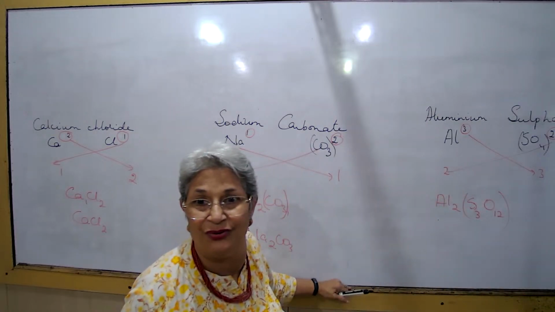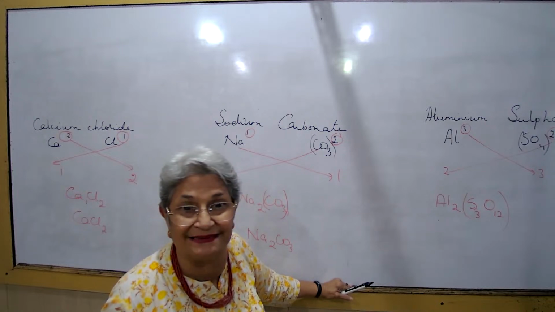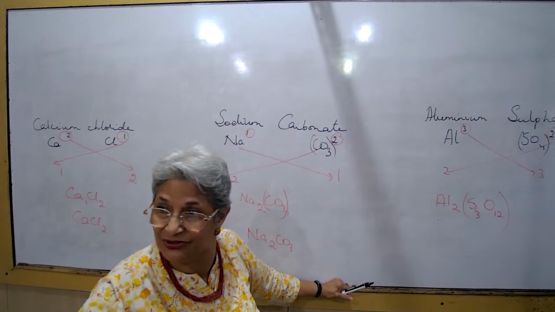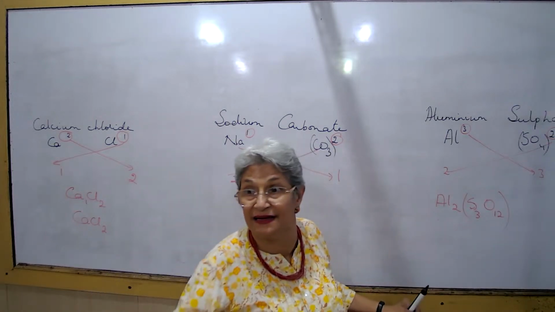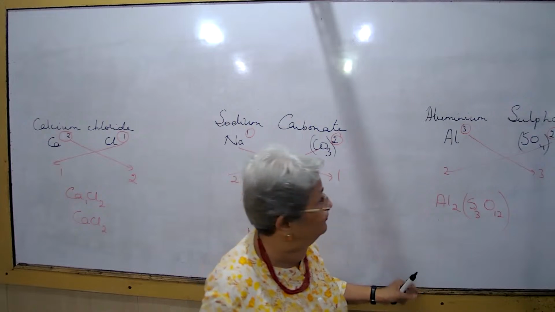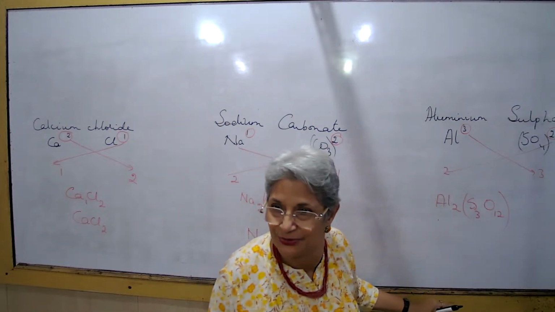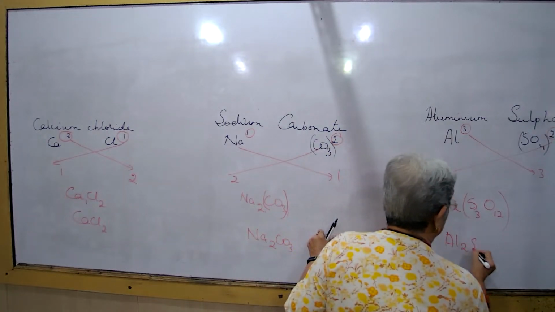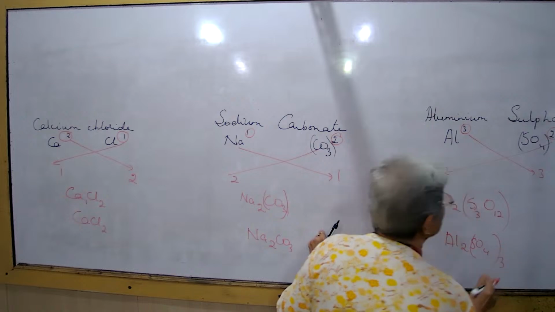Yes or no? Who has not understood this? Raise your hands. You understood? From where I got this 3? From here. And this 12: 4 3s are 12. So therefore the final will be Al2 (SO4) whole bracket 3.